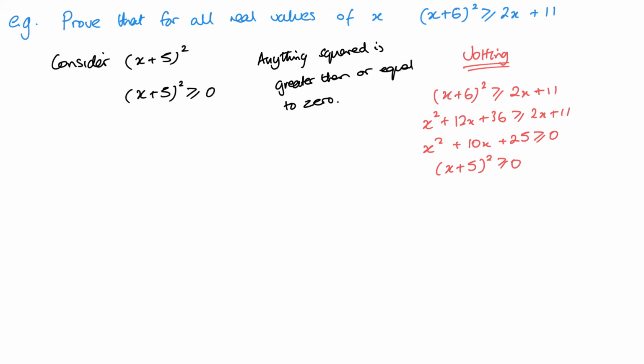And from this point, what you want to be doing now is essentially working backwards through your jotting. So, my next step is to expand my bracket. And then I've got 2 more steps. So my next step after this will be to add the 2x to both sides.